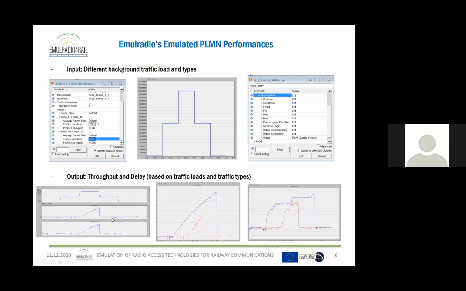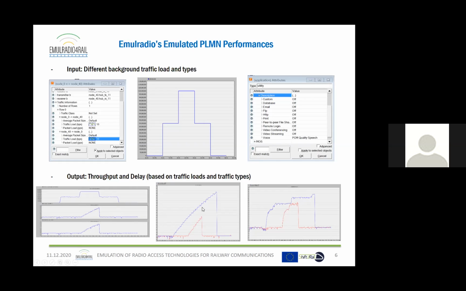For the results, OpNet has its own statistical result collection, so it can show performance metrics such as the end-to-end delay, jitter, and throughput. For example, in the first figure, background traffic is injected and the link bandwidth is overloaded. So you can see the delay is increasing and reaches a peak.